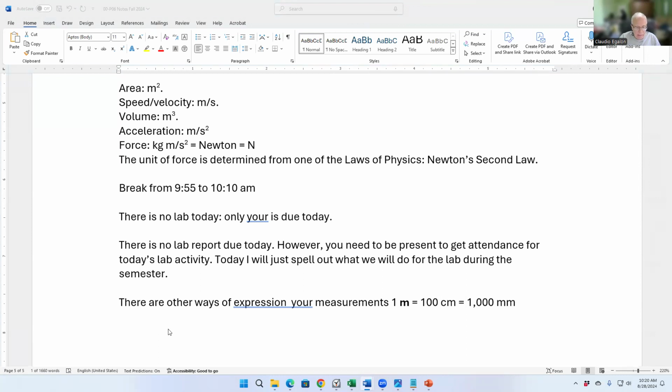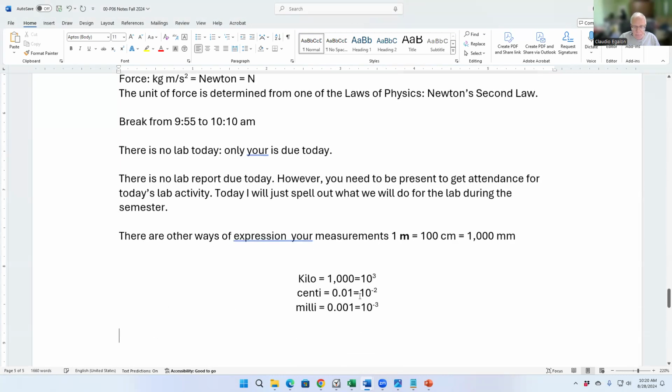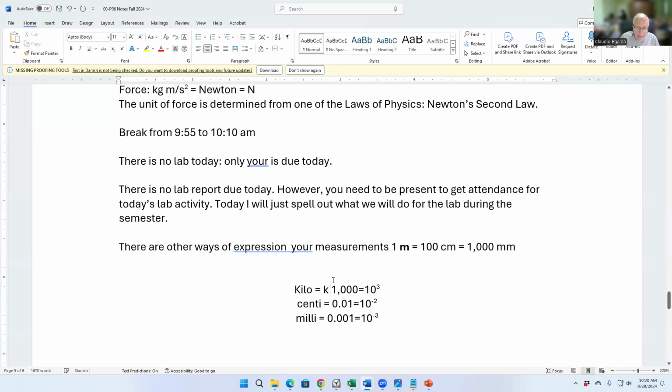Here you go. Kilo, which is represented by the letter K, is short for 1,000. Centi, which we represent with the letter C, is 1 divided by 100.